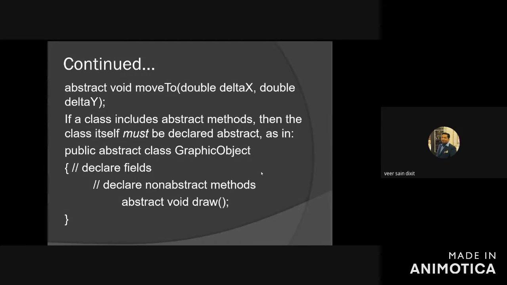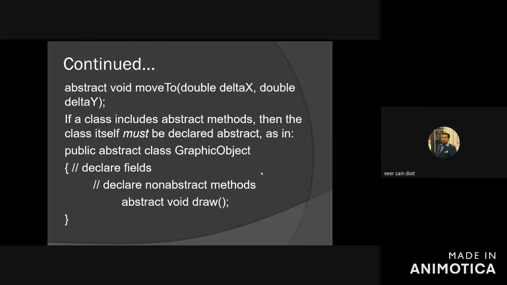For example, this is the syntax of an abstract method. Void, there is a method named move, and you are passing two coordinates, delta x and delta y, right? This is the declaration, ending with a semicolon.